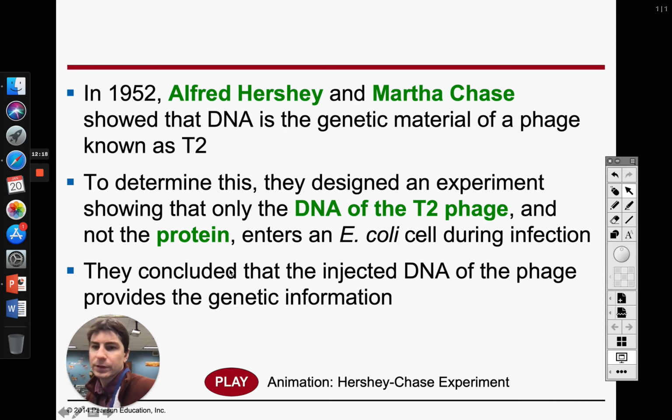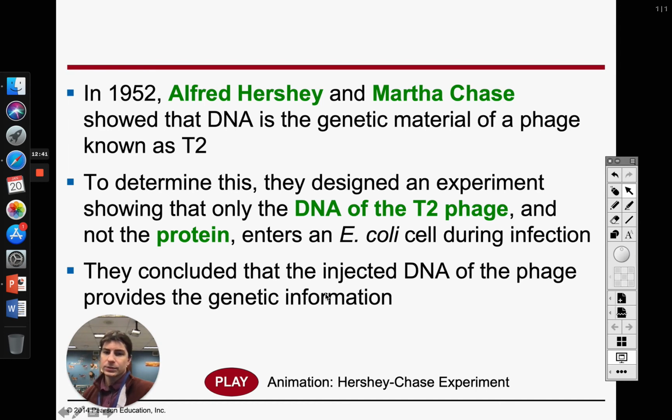So here's the experiment that went along with all this, the bacteriophages. So Hershey and Chase. Once again, they took Avery's experiment and explained it in a little bit more detail through all their conclusions on their experiment.